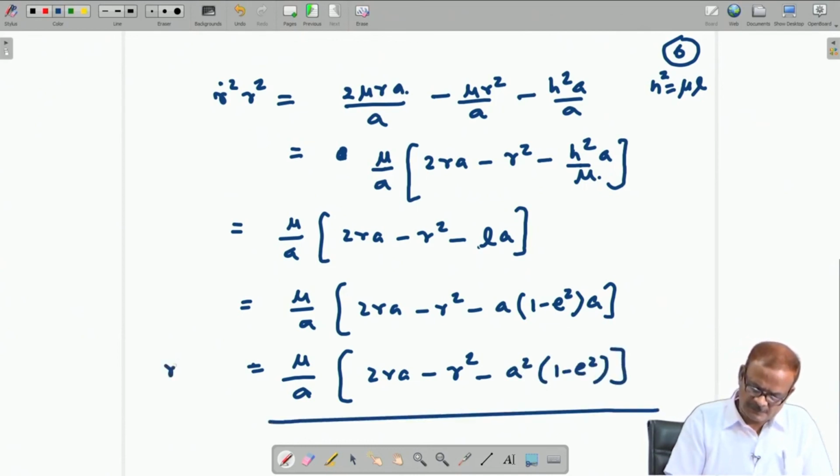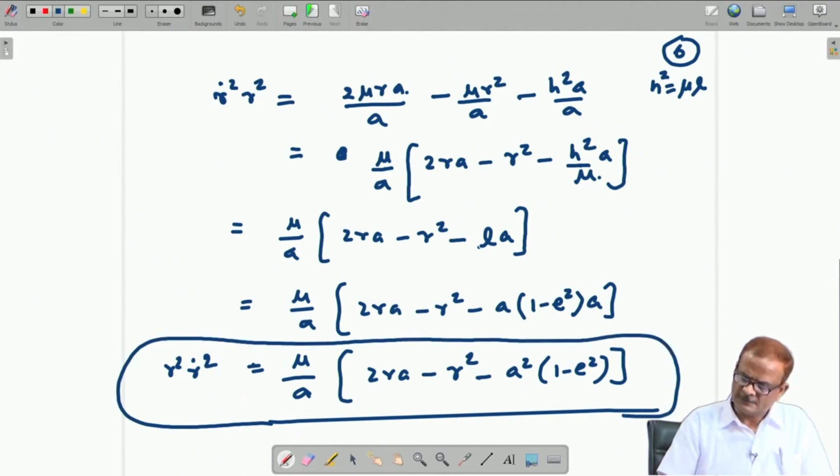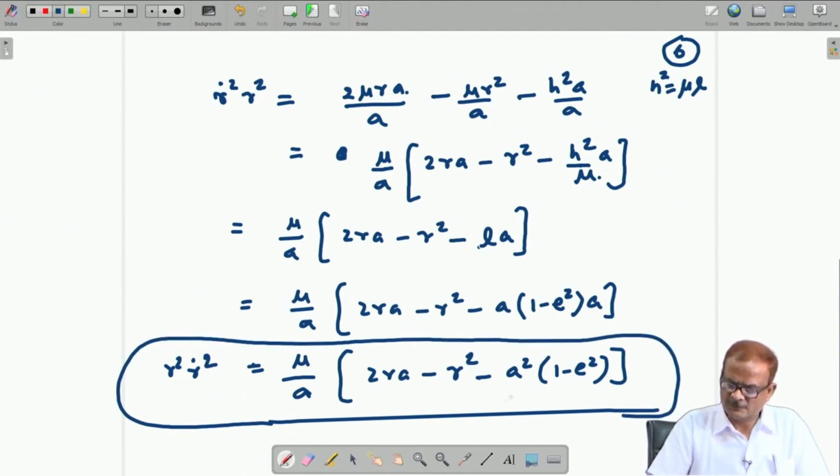So, this is r dot square, but still the right hand side does not look like what is given in the problem. So, rather than breaking it down and spending our energy, we will take the right hand side of the problem itself and reduce it to see whether it matches with this one or not.